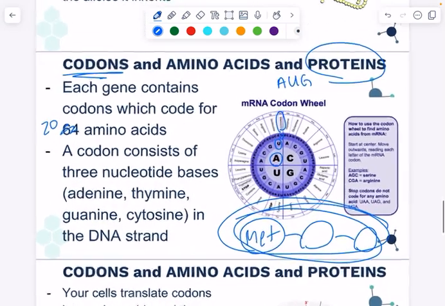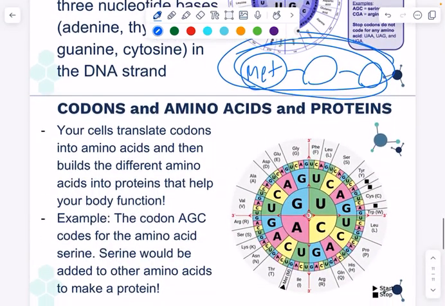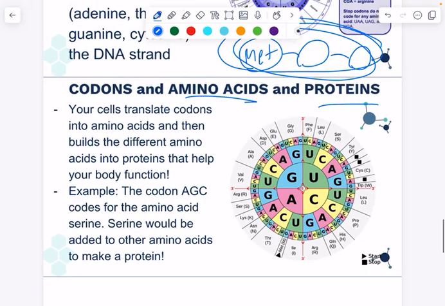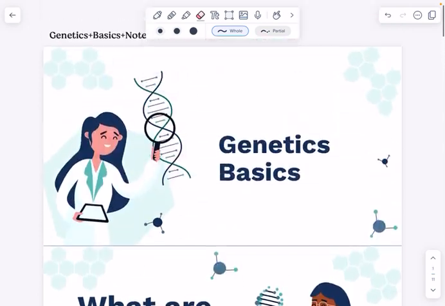So we will go into more detail about this later. Just know that when you add a bunch of amino acids together, you ultimately end up with a protein, and proteins are how your body works. So because I have brown eyes, there are proteins in my eyeballs right now making something in my eyeball look brown.